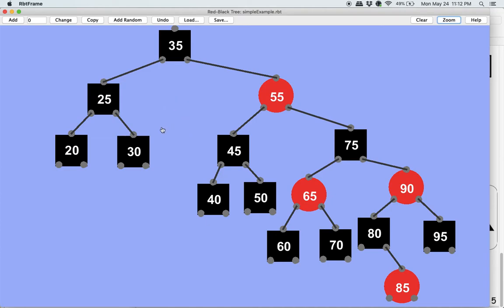We again have a valid red-black tree. This looks really imbalanced because this guy's got the minimum number of nodes, and this guy's got a lot of reds that lets it spread out, but it's a valid red-black tree.